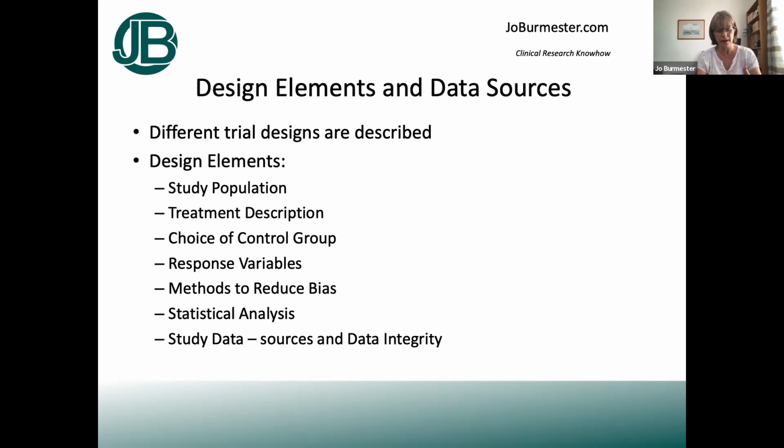And also, if you're using real world evidence or real world data, how do you monitor the integrity of that as well? So just thinking about all of those different aspects of where the data are coming from, how reliable it is, and how confident we can be on data integrity.